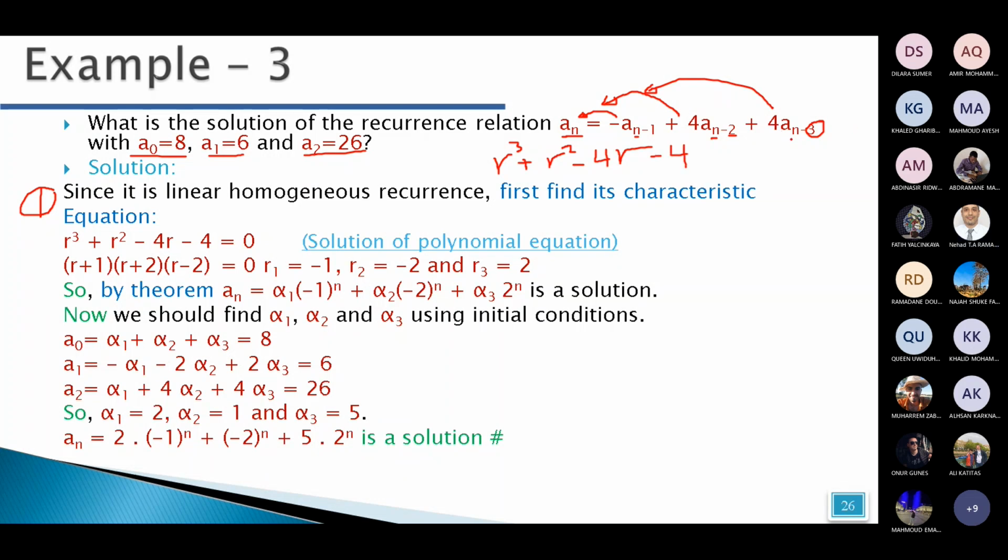So R power 3 minus 3 means power 0, which means 1 multiplied by 4, so it doesn't change, it becomes 4 and goes minus. Equal 0.